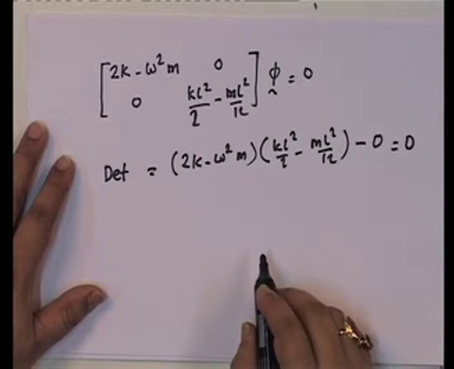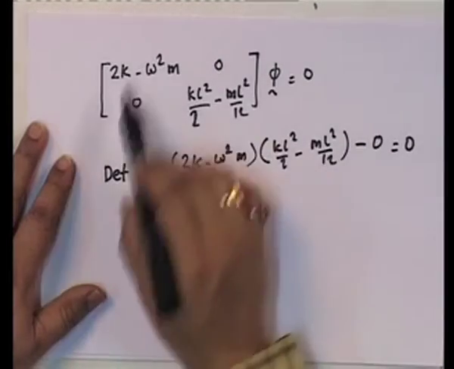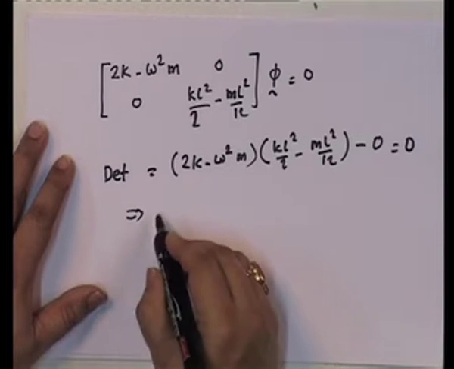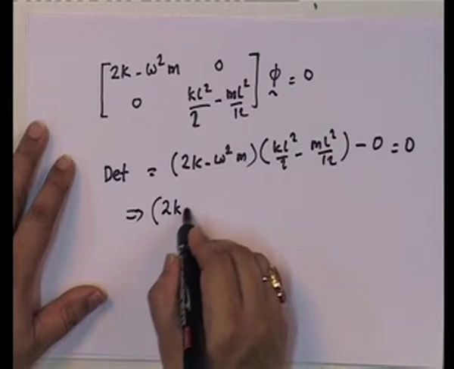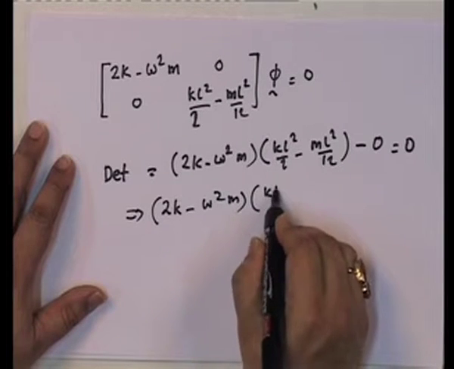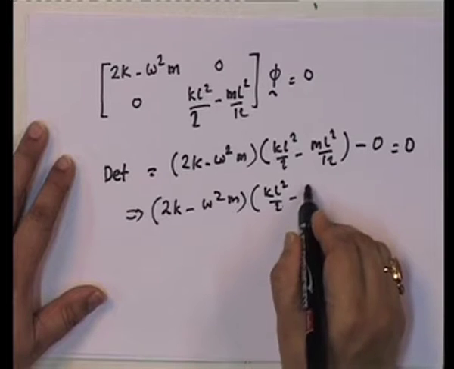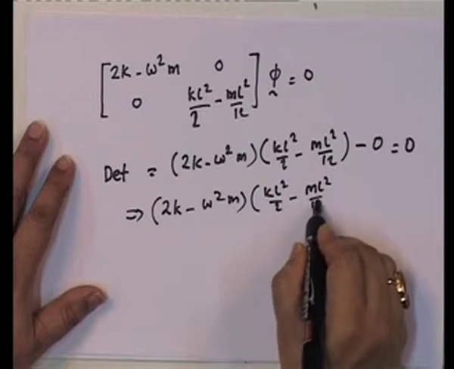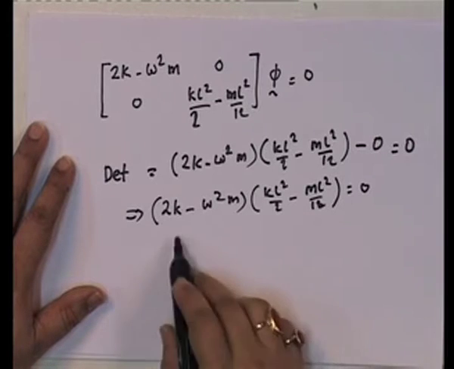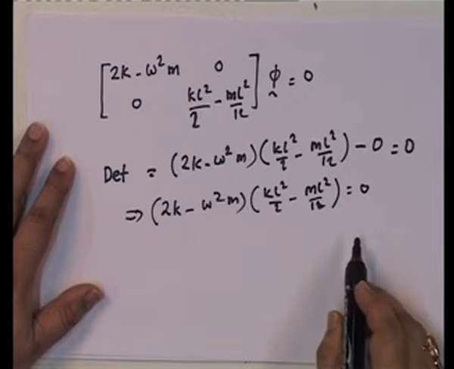That is what we are given, that for this to be valid, the determinant of this has to be 0. So, which basically implies that 2k minus omega squared m into k L squared by 2 minus omega squared m L squared by 12 is equal to 0. Now, note these are factors. So, what does that mean?